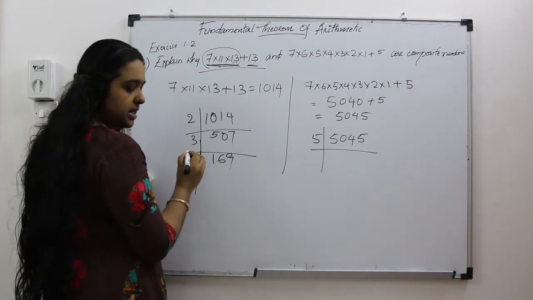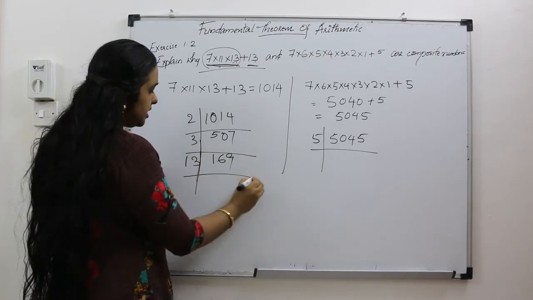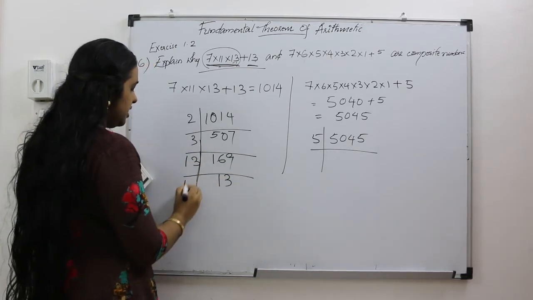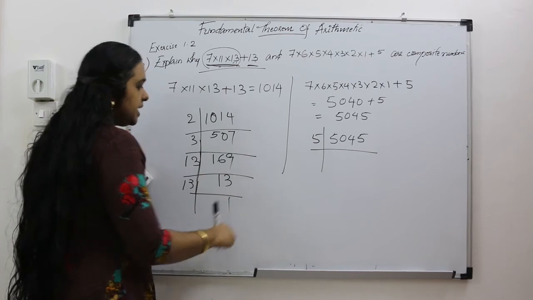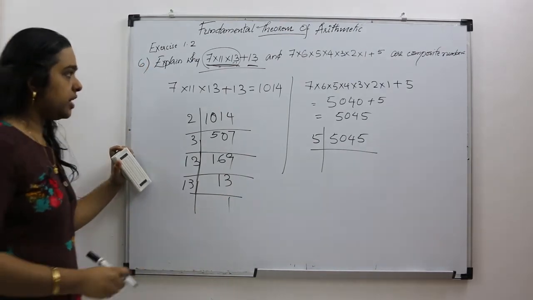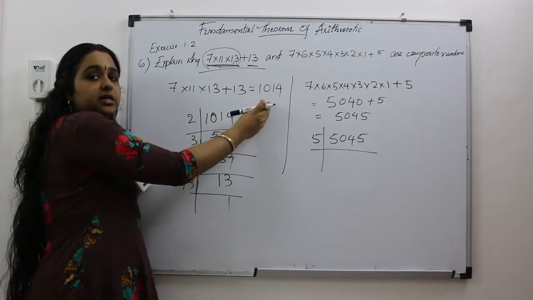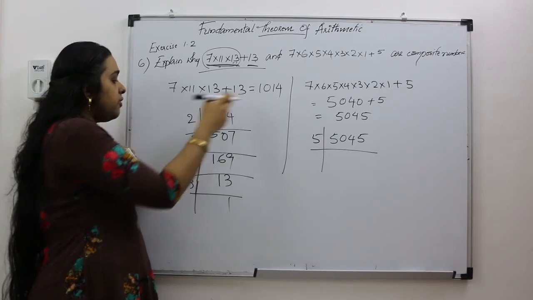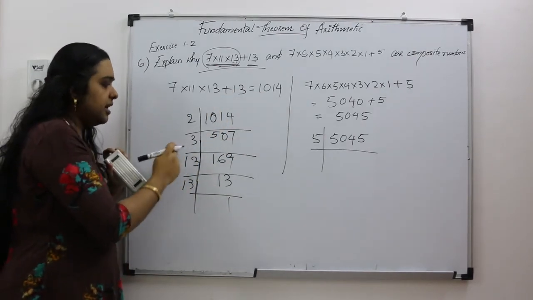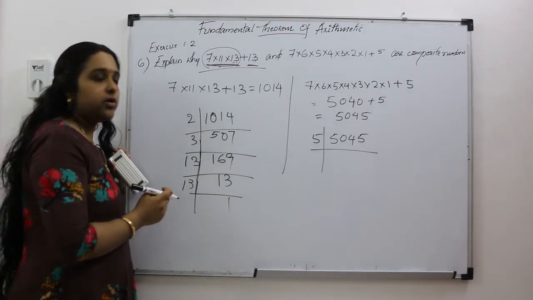Yes, 13 into 13 is 169. So we have completely factorized 1014. It has other factors other than 1 and 1014. What are the factors? 2, 3 and 13 are the factors of 1014.